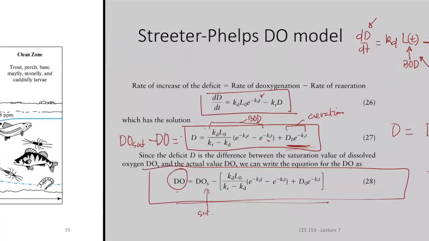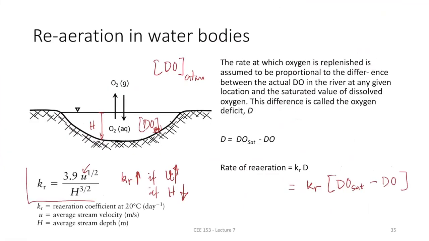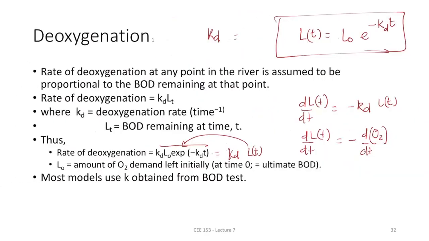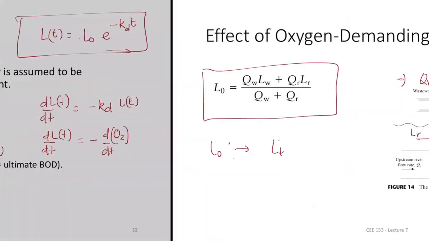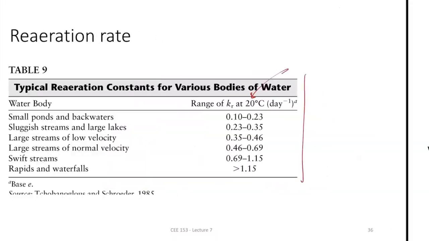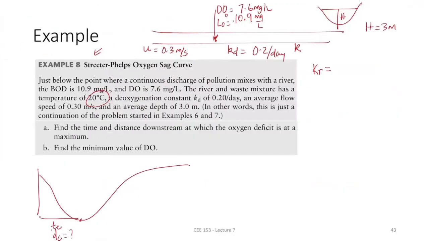So if you see this equation, the aeration is 3.9 times u to the 1/2, divided by h to the 3/2.